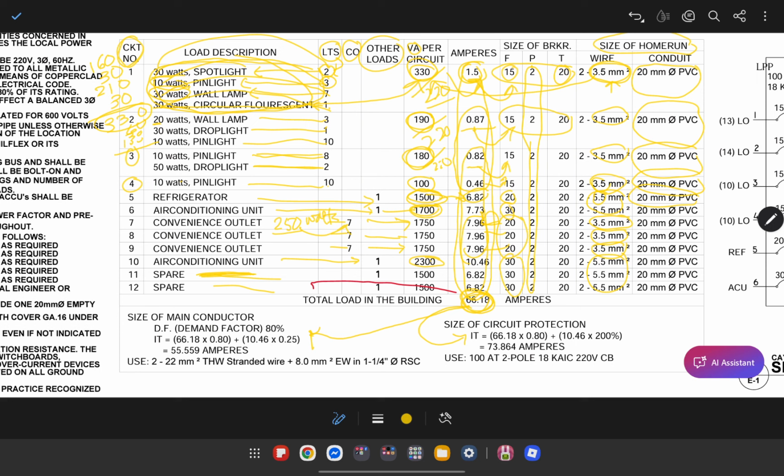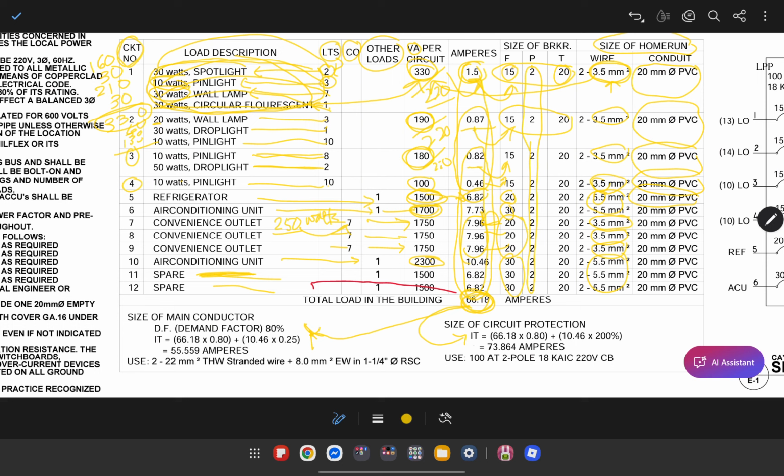The main conductor is basically the wire that connects your panel board to VECO, or whoever is your local supplier of electricity. So this is the main size of the wire.